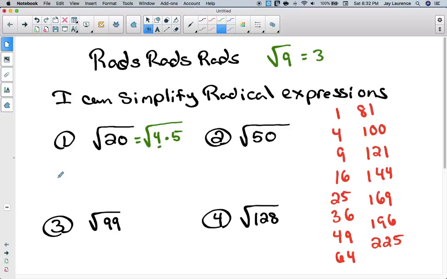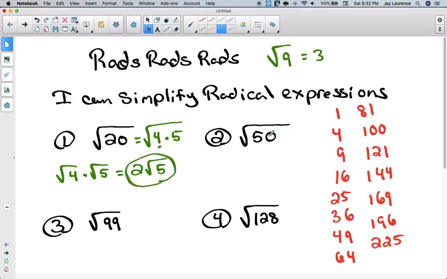Now I can break this up into the product of rad 4 times rad 5. And all of you are so smart, you know that rad 4 equals 2, and rad 5 is an irrational number, it can't be simplified, so my answer is going to be 2 rad 5.